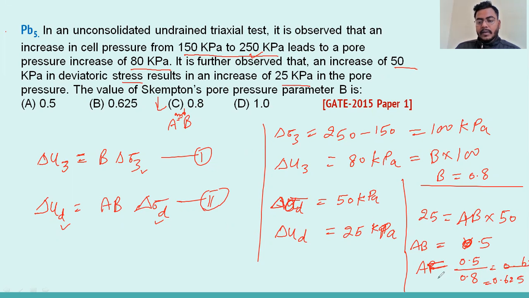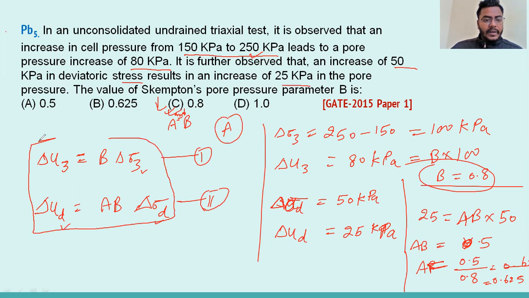So A and B both we can calculate. The question is asking for B, so B is 0.8. In some other question you may have to calculate A also. So these two relations are very important when we are working with the Skempton pore pressure parameters, B and A.